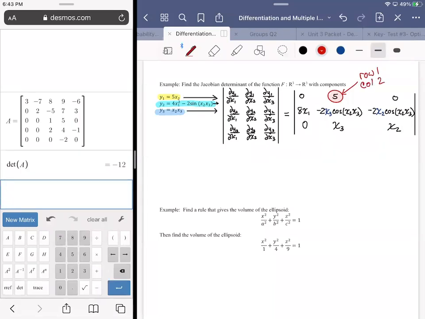So we're looking at the determinant being negative 1 to the 1 plus 2 multiplied by the entry at that location, multiplied by the matrix that remains after I eliminate the row and column that contains that 5. So the determinant of that matrix would be the determinant of 8x sub 1, negative 2, x sub 2, cosine x sub 2, x sub 3.